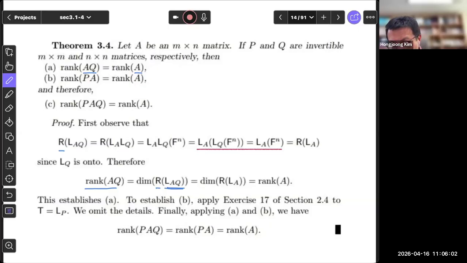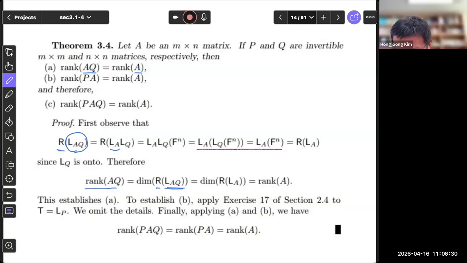And left multiplication by A times Q is just the composite function. So the range of left multiplication by A and Q will be the composite of these two mappings.